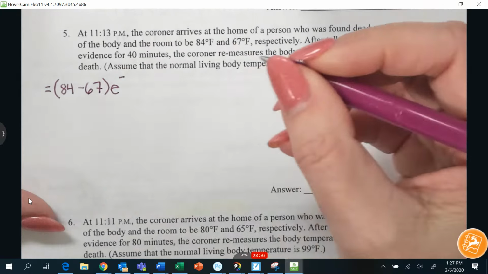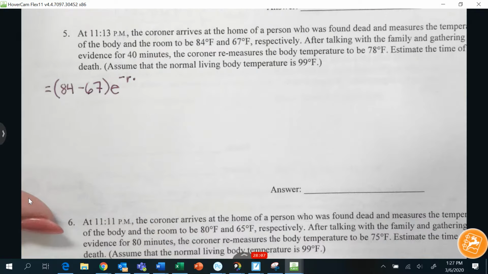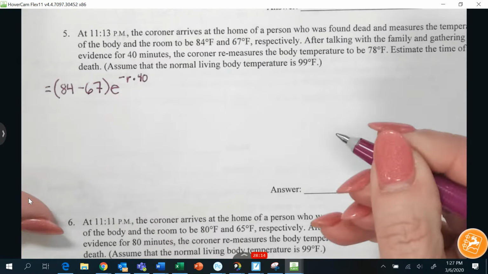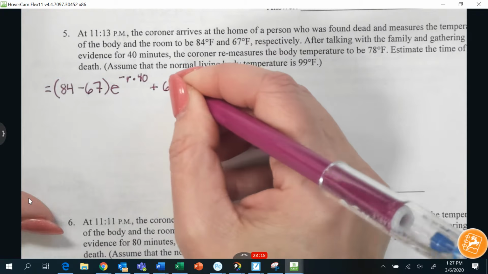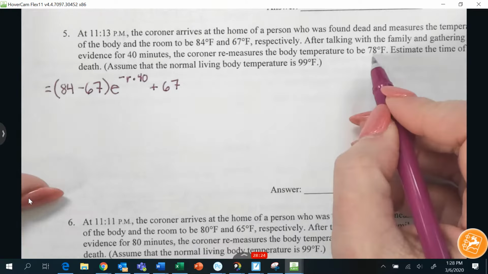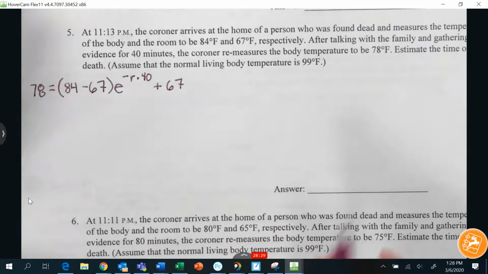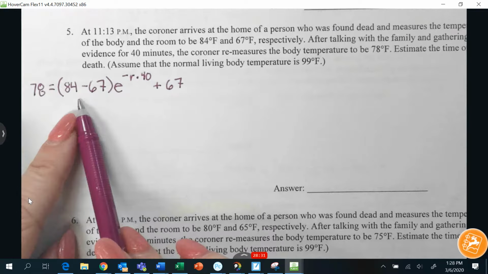Now, we do not know the cooling rate of this person, so R. But we do know the coroner waits 40 minutes to reevaluate, and we add, again, the room temperature 67. After this time has passed, what is the body temperature? 78. So what the coroner is doing first is seeing how the body goes from 84 degrees to 78 degrees.